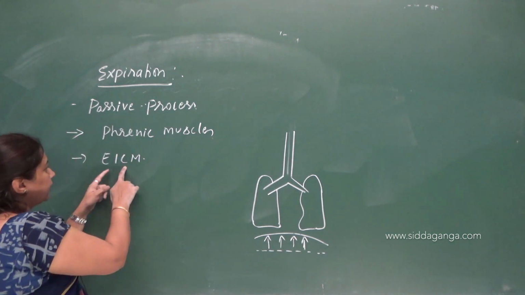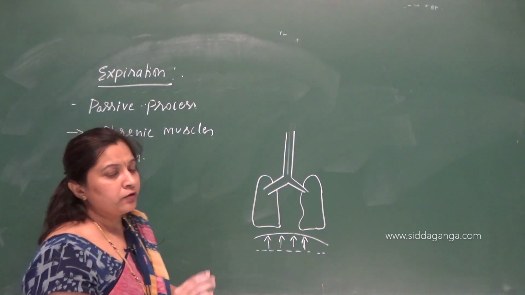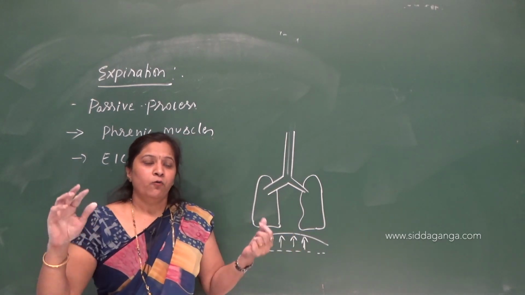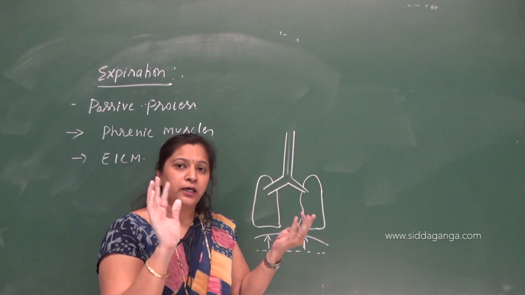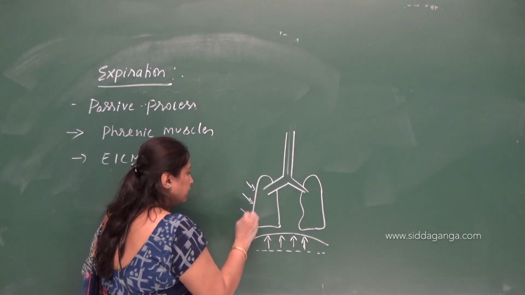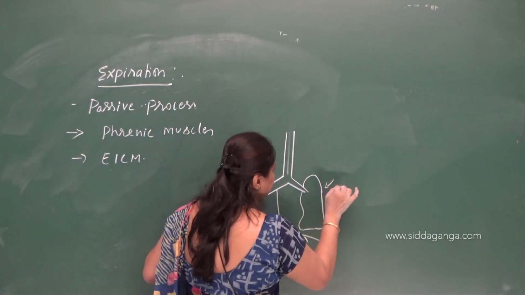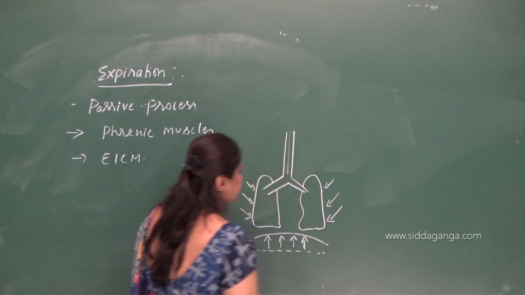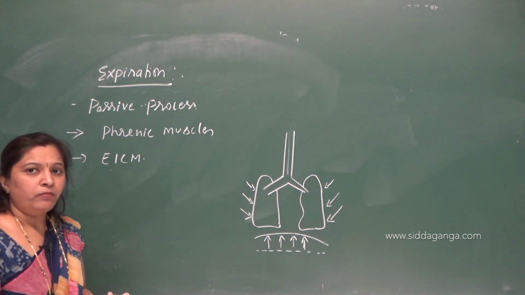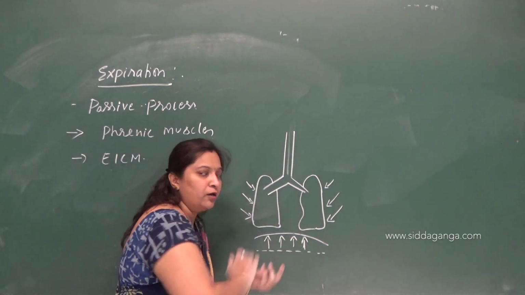And the external intercostal muscles, which are found in between the ribs, also relax. When the external intercostal muscles relax, both ribs and sternum come to their original position.